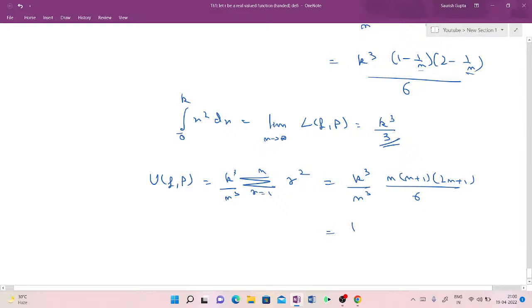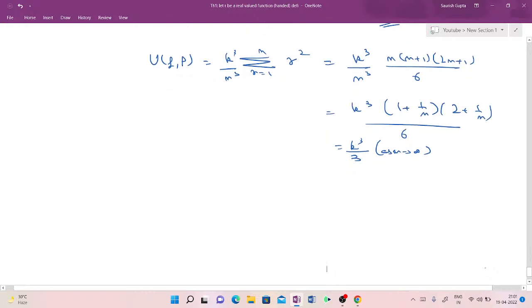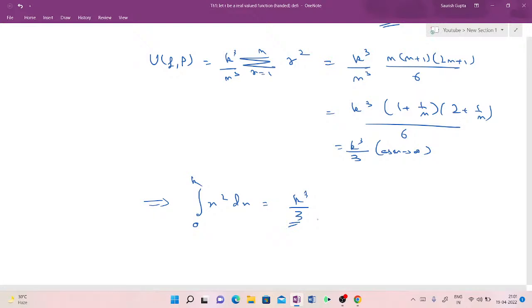If you take the same step, it is k cube into (1 plus 1 upon n) times (2 plus 1 upon n), and if you apply limit n tends to infinity here, this becomes k cube by 3. So the upper integral also equals k cube by 3. I'm not writing the steps here, you can write it on your own. So the integral from 0 to k of x square dx equals k cube upon 3, and it's done. Okay, it's clear. Let's check the next problem.